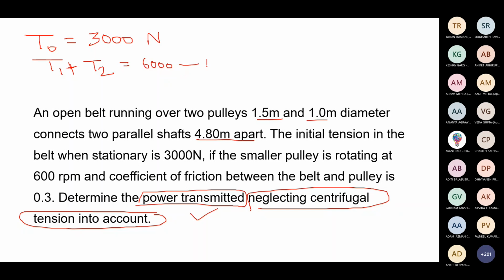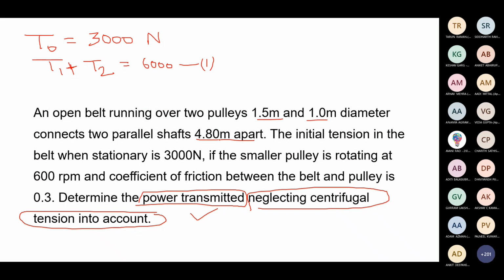This is one equation. Right. What else is given? Other than initial tension, what else is given?